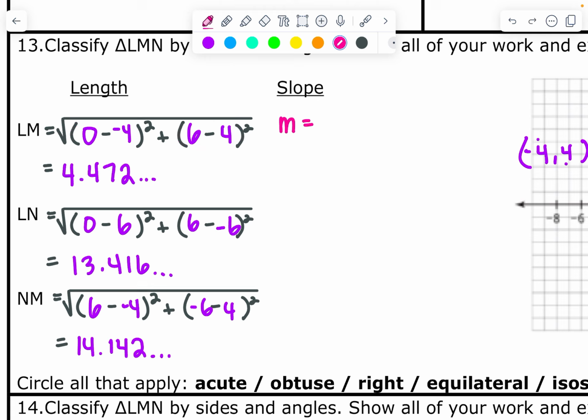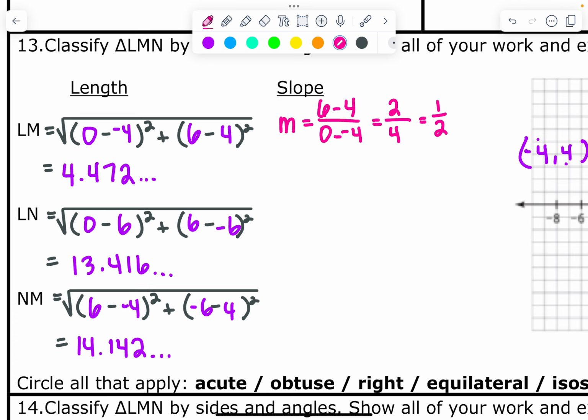So don't forget, change in y over change in x. So it's 6 minus 4 is 2, and that'd be over 4. That simplifies to 1/2.